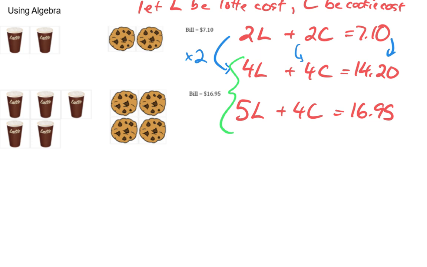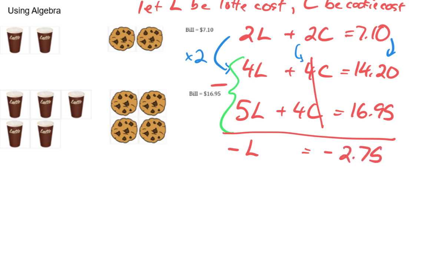So we are going to take these 2 equations, and again, we are going to subtract them. We've got 4L minus 5L. We've got our like terms lined up again. So 4 minus 5 is going to be negative L. 4C minus 4C, just gone. And 1420 minus 1695 gives us negative 275. If negative L is equal to negative 275, we can divide both sides by negative 1 to get that our latte is $2.75.